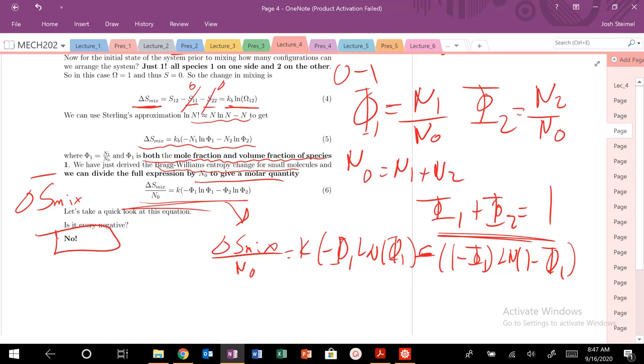So for small molecules, you will always gain entropy when you mix. You always increase your configurational entropy when you mix, so that will always be the driving force pushing towards mixing. And then we have to see, can we overcome the energy penalty associated with that enthalpic cost?